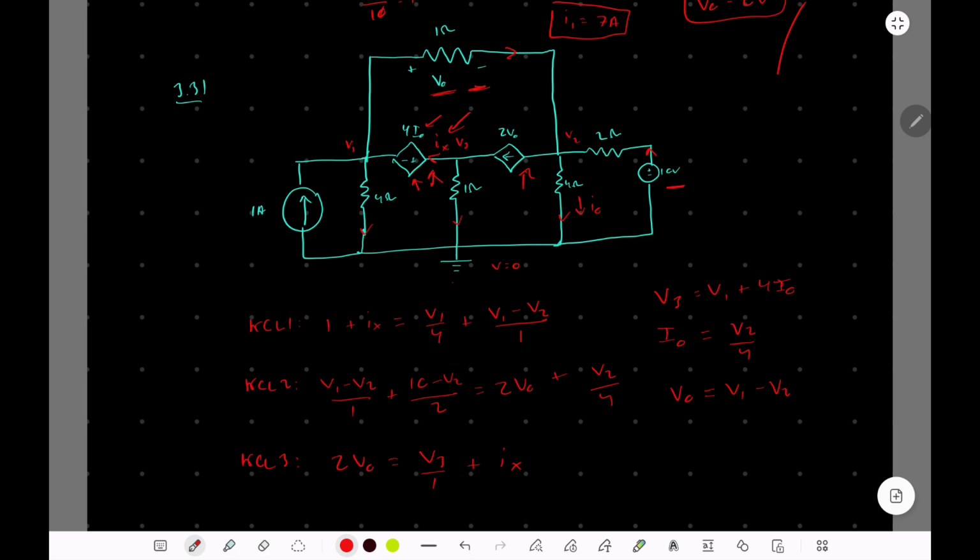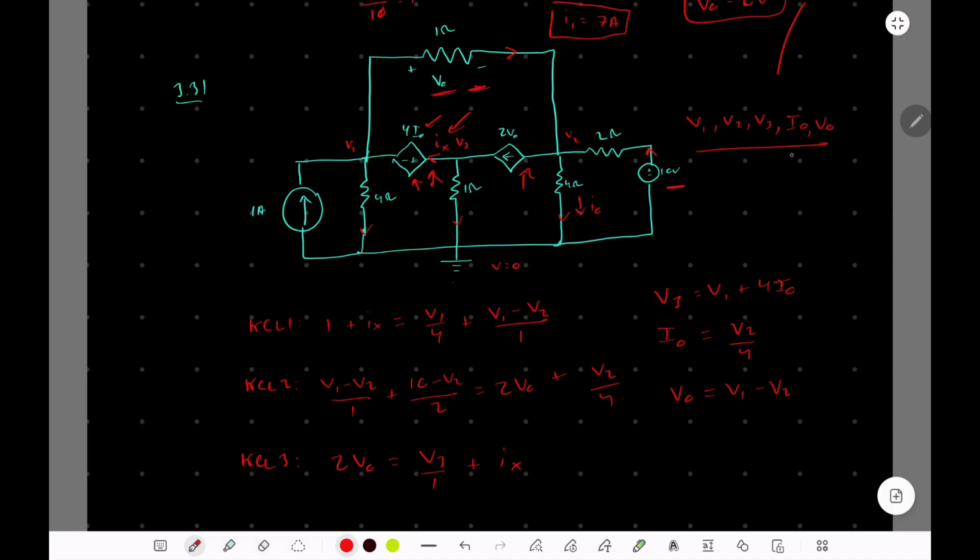Okay, and so now let's list our unknowns and our equations. So our unknowns, oh yeah, and then for this evil branch we also need one. So yeah, we got that. Okay, so we have V1, V2, and V3 as unknowns, and we have IO and VO as unknowns.